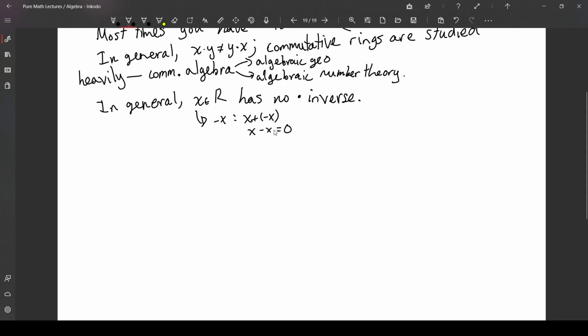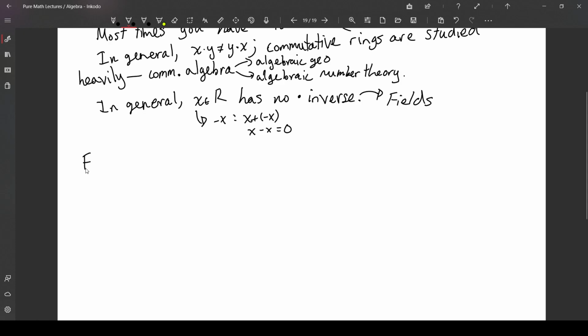Because we know that under addition, this is a group, so there are inverses for addition. However, in general, you don't have multiplicative inverses. When you do, you get fields. And I'll actually define a field later, but fields on their own are a very rich subject, and that's going to be the third part of the algebra series, field theory. And that's where Galois theory comes in, if you've ever heard of that.